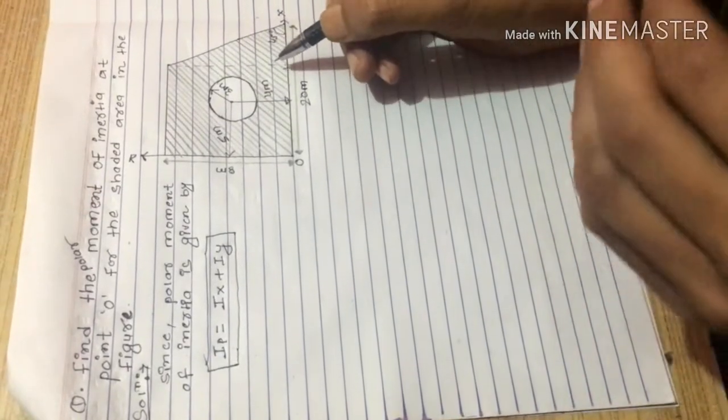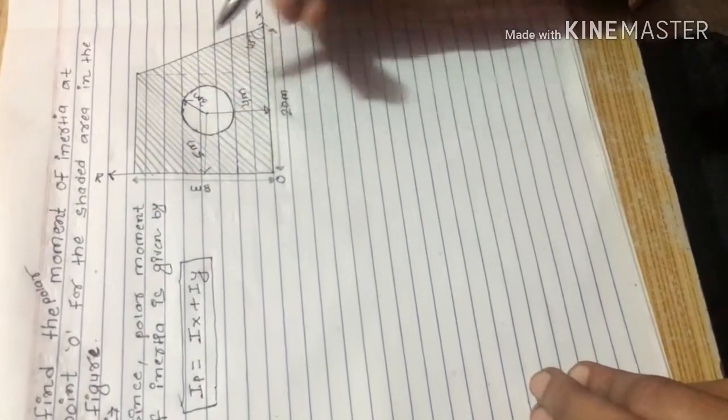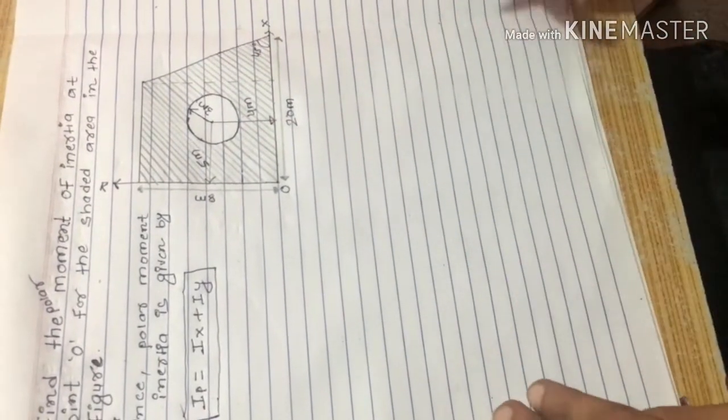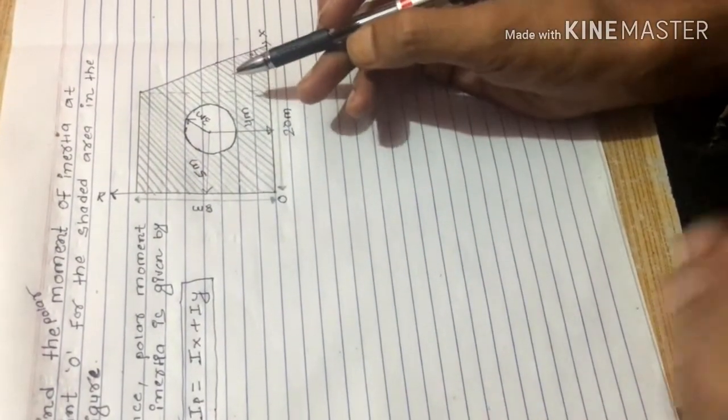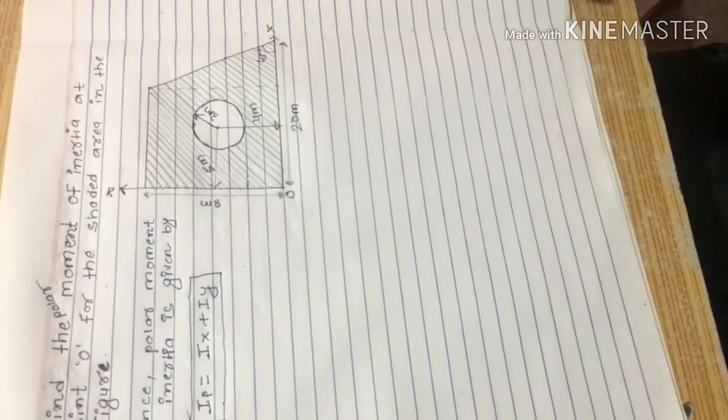In the figure, we can see there is a circle in which there is no shaded line. We have to calculate the polar moment of inertia at point O for only the shaded portion.